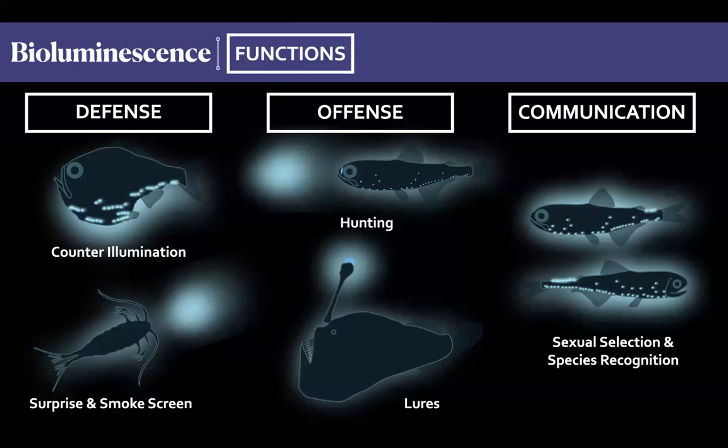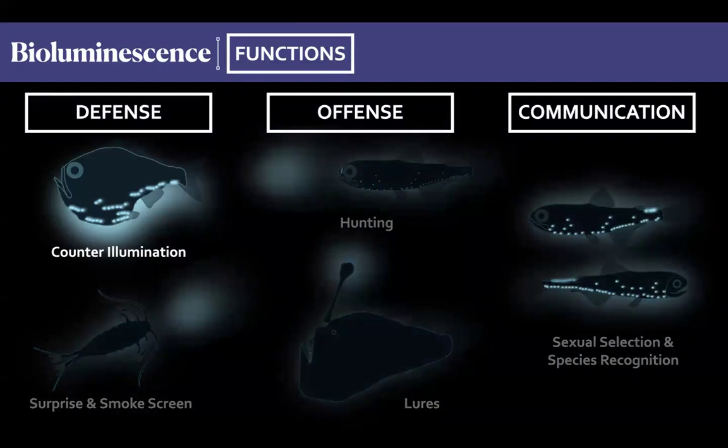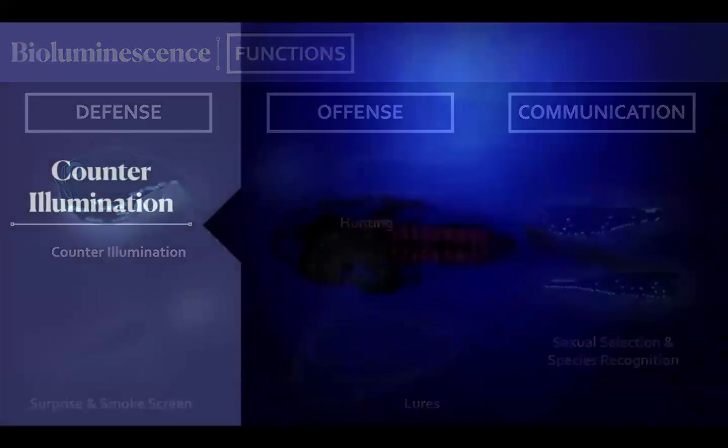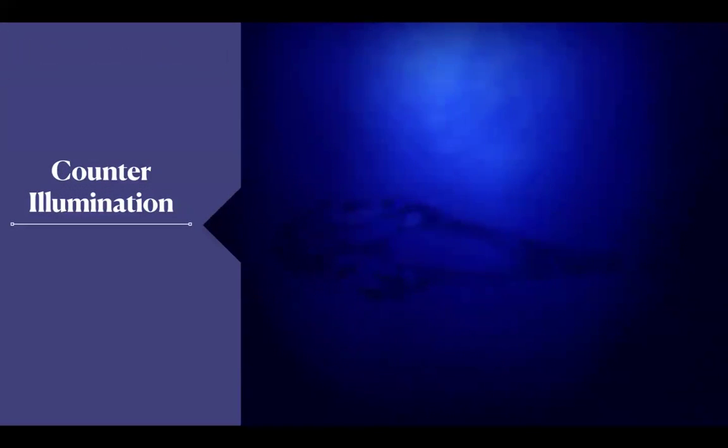One major thing that some of these deep sea fishes use, and which has evolved countless times in fish that live in the deep sea, is something called counterillumination, which is this guy right here. Counterillumination is when a fish has light organs on the ventral surface of its body.